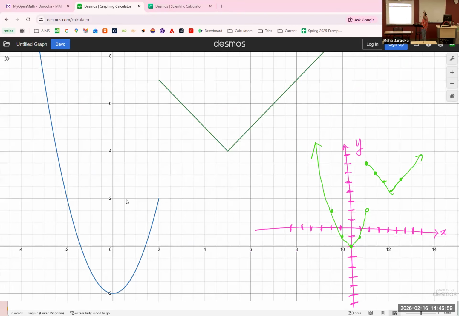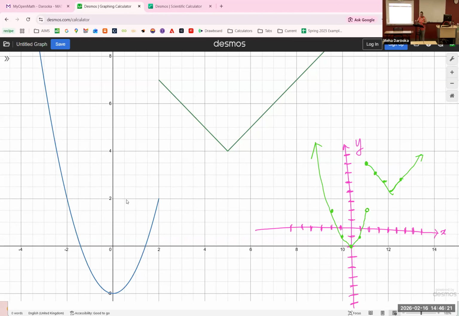Yeah, so you can see you do get that absolute value shape. We just obviously had to get enough points on our table to make sure we knew how the V was going to change directions. And then, of course, you can see the parabola of the first piece of the function. But again, these two were not connected to each other.